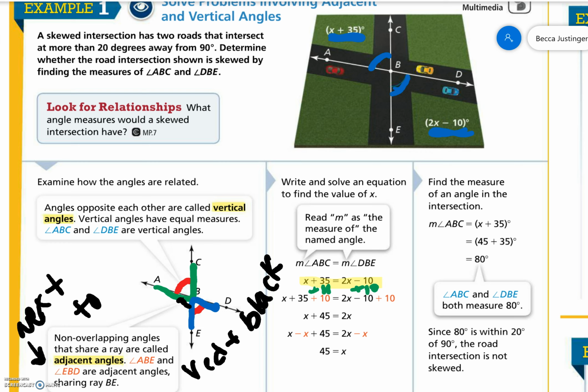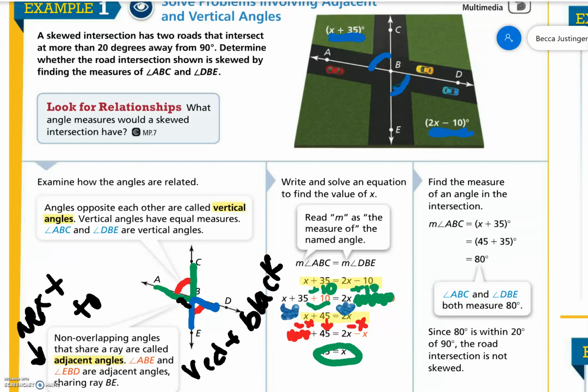Plus 10 cancels out on the left, and becomes x plus 45 equals 2x, because we bring down this x, bring down the 2x, and 35 plus 10 gives us 45. Then I want to get the x's on one side. So I'm going to subtract an x from both sides. Cancels out on the left, bring down the 45. 2x minus x is just x.